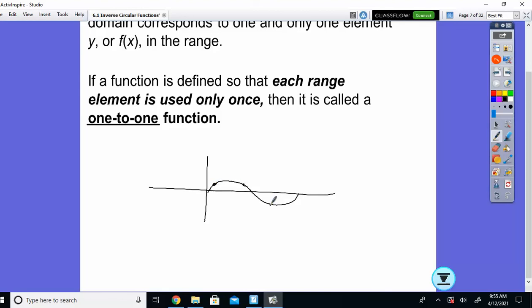So is sine 1-to-1 as it is? No. So that's going to be kind of the twist here when we do these inverse trig functions. We can't look at the entire trig function because they're waves. They keep repeating. We hit the same y values over and over and over again. So we're going to have to take just small sections of our graph and talk about the inverse along those lines.